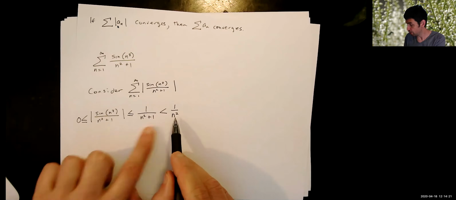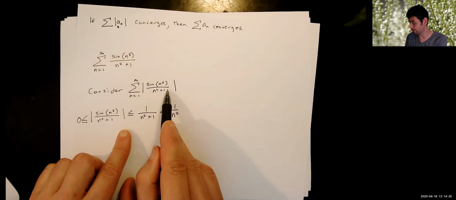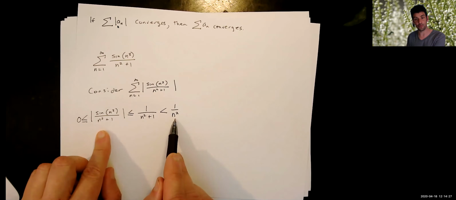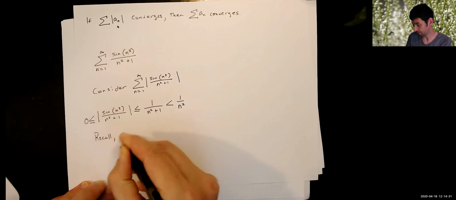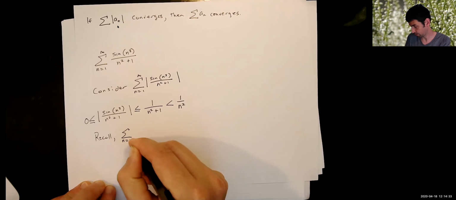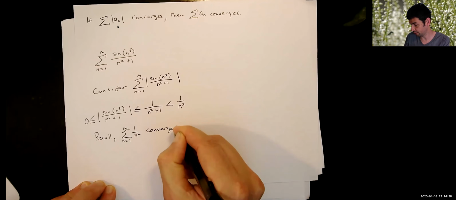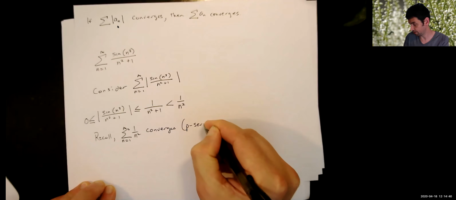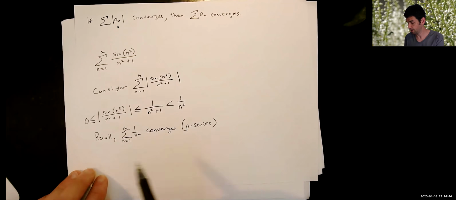So now we've got that the absolute value of our series is less than 1 over n squared. Recall, this series converges. It's a p series with p greater than 1.